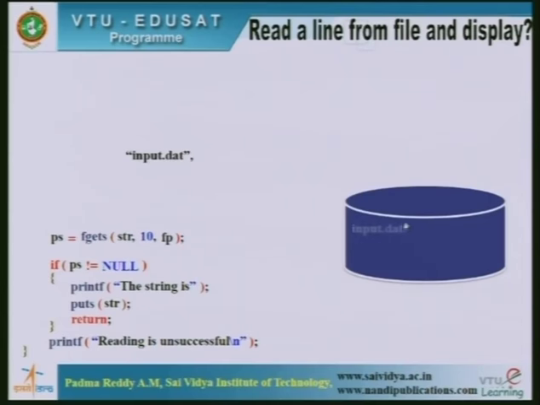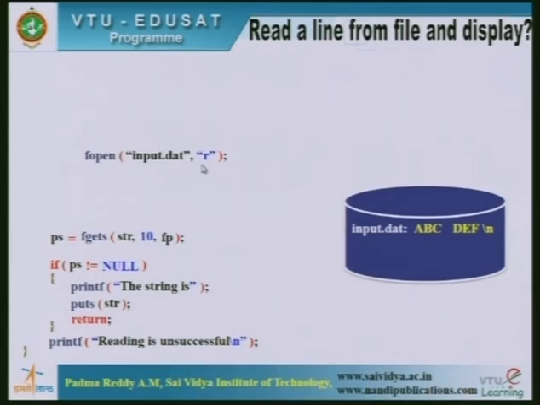This file will be available in the hard disk, and suppose we have ABC space DEF and \n, and this is the contents of input.dat. So we have to open this file in which mode? Read mode. So here within double quotes we write r. We call the function fopen with these two arguments, the first argument being the file name, the second argument being the mode in which that file has to be opened.